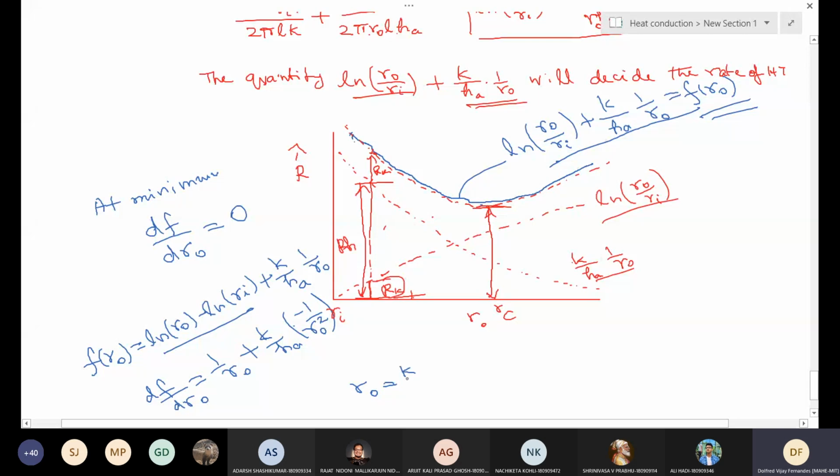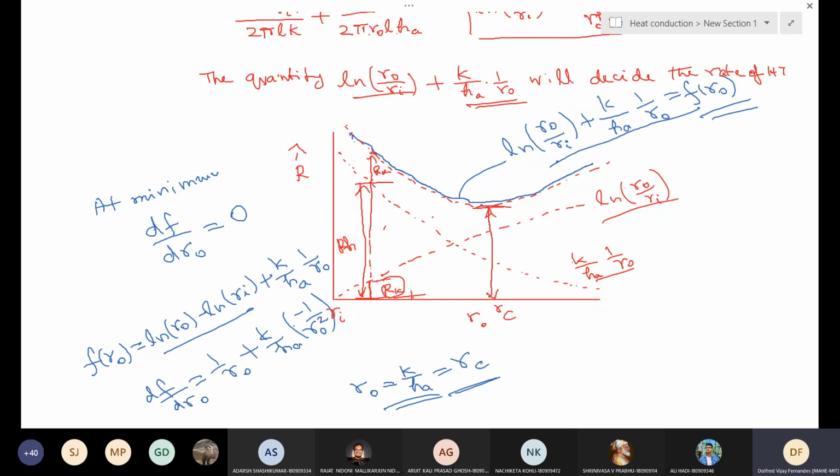So r0 equals k by ha. Your inner radius should be less than this, otherwise it's not possible to have a critical thickness of insulation. So ri should be less than rc. This is nothing but rc, the critical radius of insulation. There is a slight problem when we talk about critical thickness.